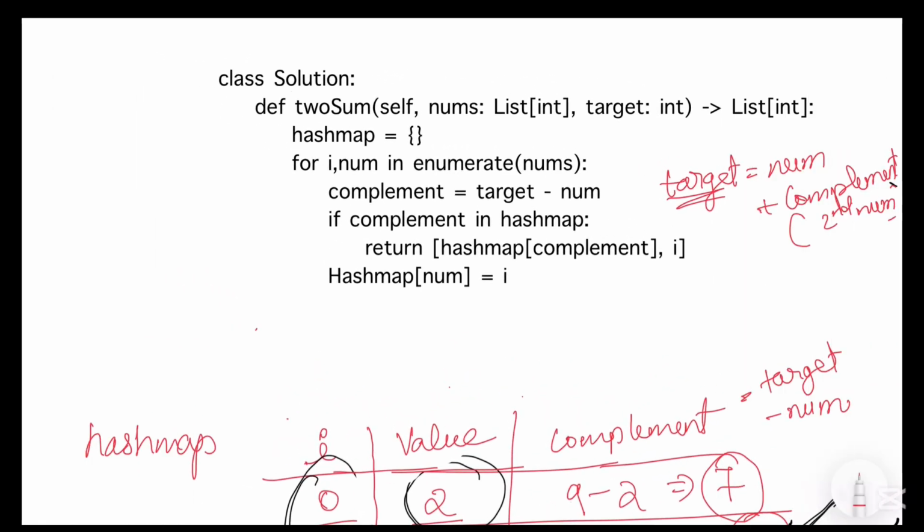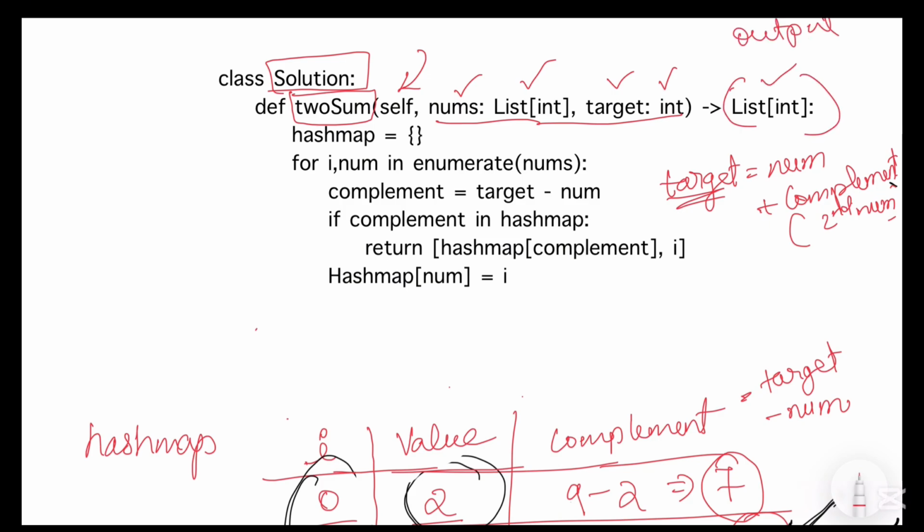Okay, now let's look into the code. First we'll define a class named Solution, then we'll define a method named twoSum, and self is required in methods as the instance reference. Then we write this, which just says that nums is a list of integers, the target is an integer, and the output of the method will be a list of integers.